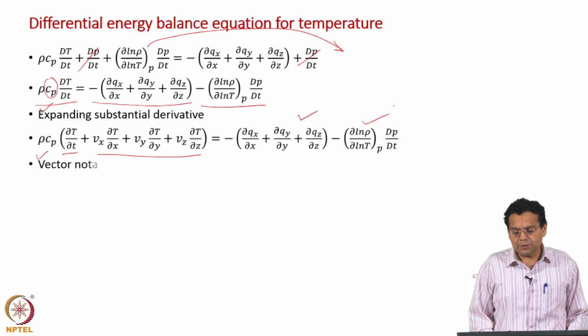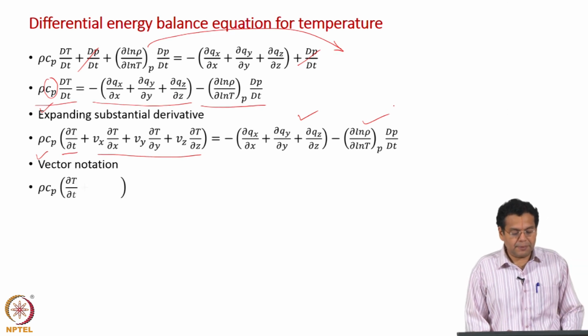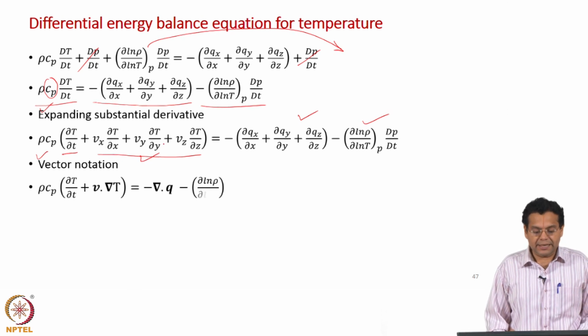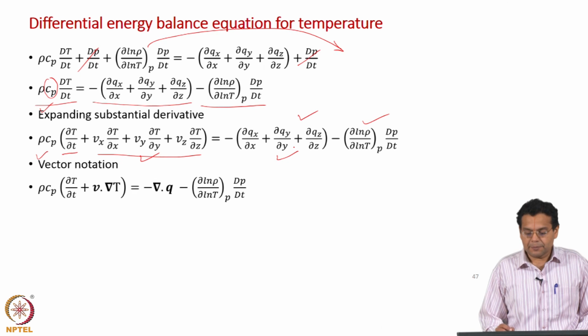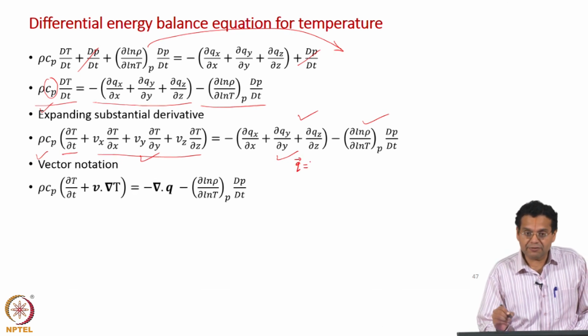Of course, you can also put in a vector notation. So, left hand side rho Cp dou T by dou t, and we know this can be expressed as V dot gradient operating on T, and this we know can be expressed as minus del dot q vector. What is that q vector? Q vector is the heat flux vector.